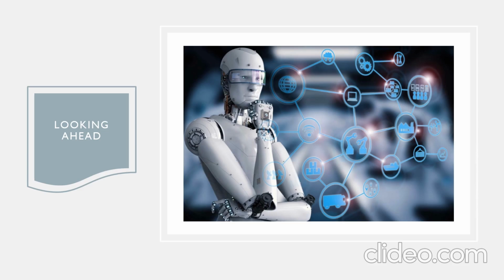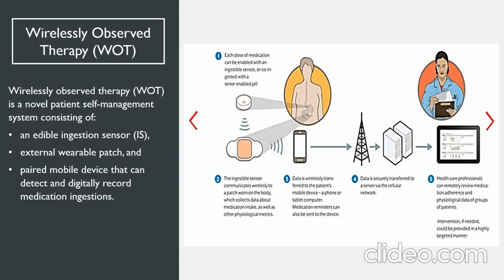looking ahead, let's talk about the future. What are a few other things people are beginning to do to supplement or complement directly observed therapy? There is wirelessly observed therapy. This is quite expensive. It's high tech, but it works. So wirelessly observed therapy is a novel patient self-management system.